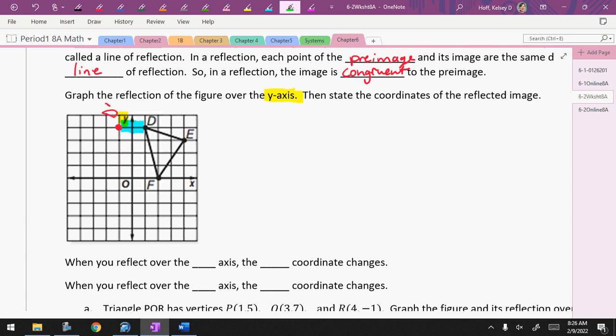Okay, from the y-axis, how far to the right is E? 4. Okay, so go back to the y-axis on the same level as E and count 4 in the other direction.